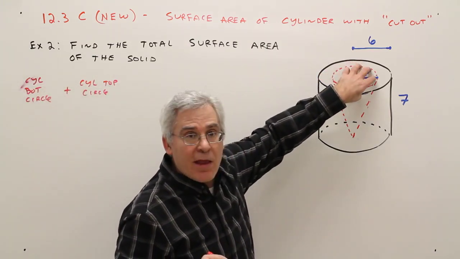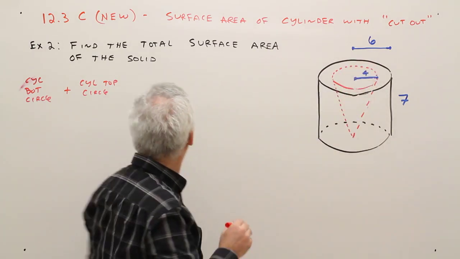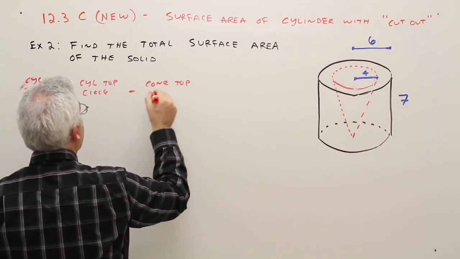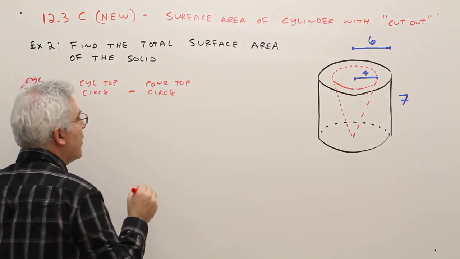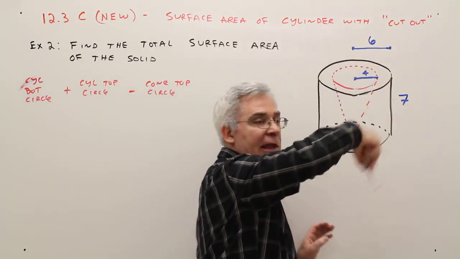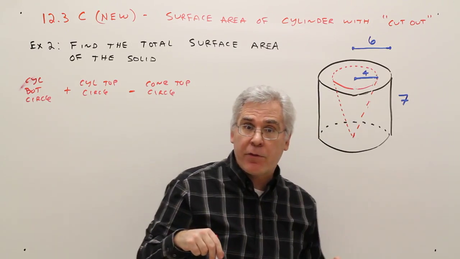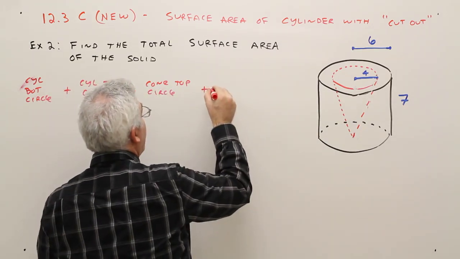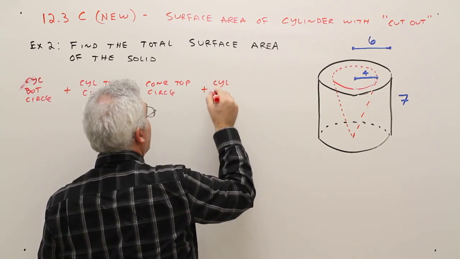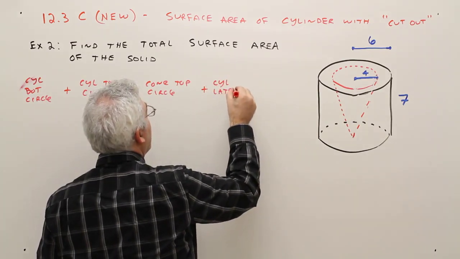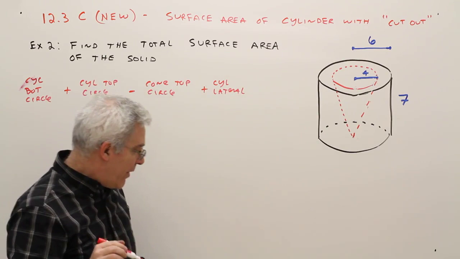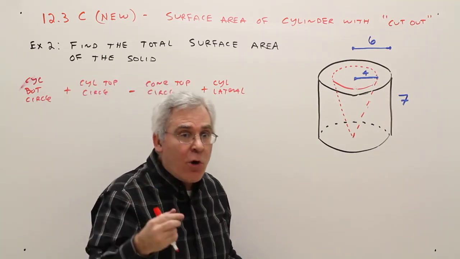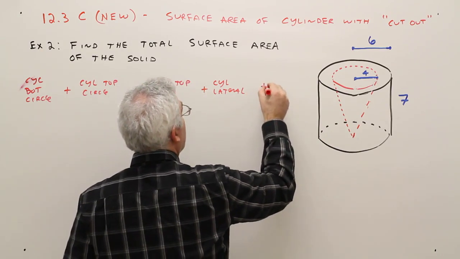I'm going to take away that cone circle, minus cone top circle. I've got the going around of the cylinder, so plus the cylinder lateral. And then don't forget I've got on the inside plus the cone lateral.